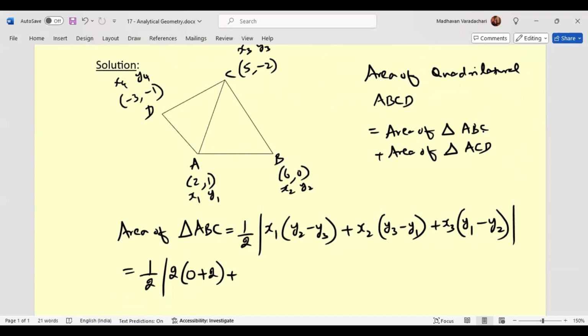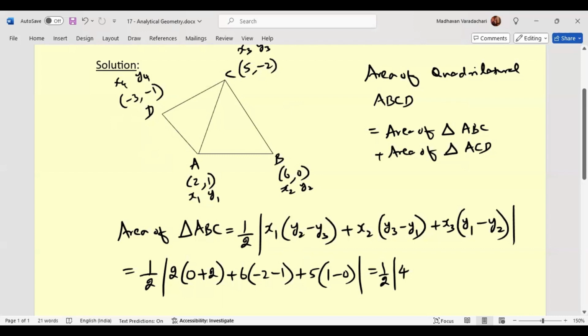Plus x2. x2 is 6 times (y3, which is -2, minus y1, which is 1) plus x3. x3 is 5, times (y1 is 1 minus y2 is 0). Let us evaluate this. It is half times modulus of 2 into 2, 4.